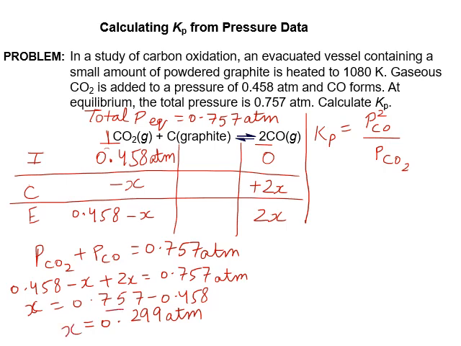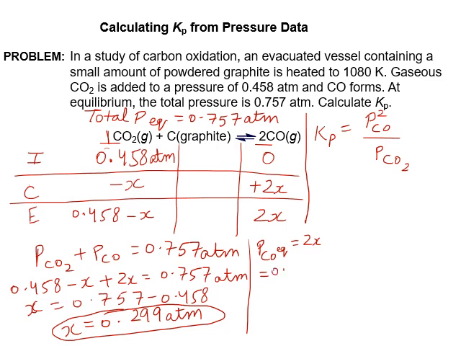Now that I know x, I can solve for the equilibrium pressure of CO and of CO2. So what would this be? P for CO at equilibrium is going to be 2x, which is this x multiplied by 2, which gives you a value of 0.598 atm.